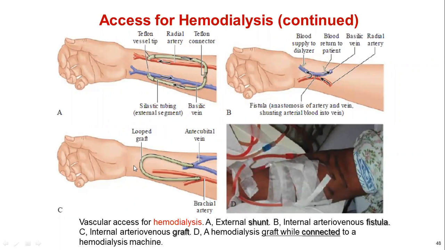And number 3 is an internal arteriovenous graft. These two are fistulas and this is the graft. So this is the graft joining artery and vein together. Grafting, right? And number 4 is a picture of the graft while connected with the hemodialysis machine.